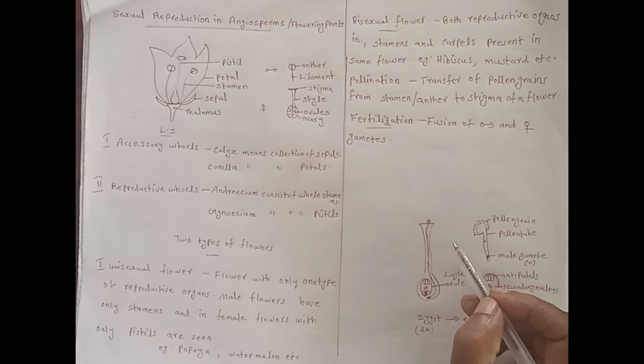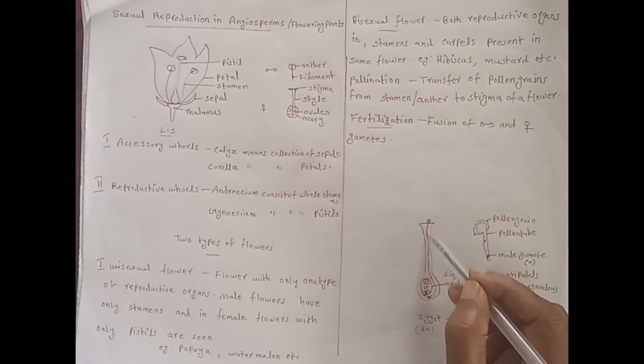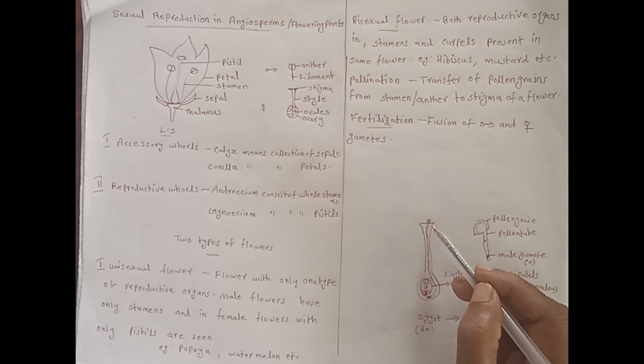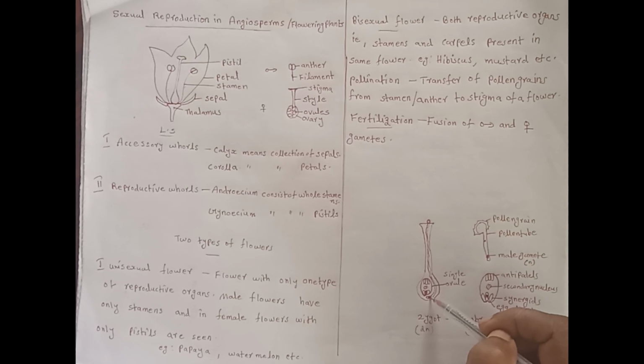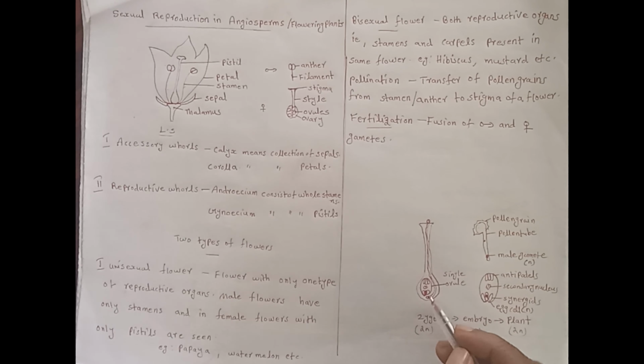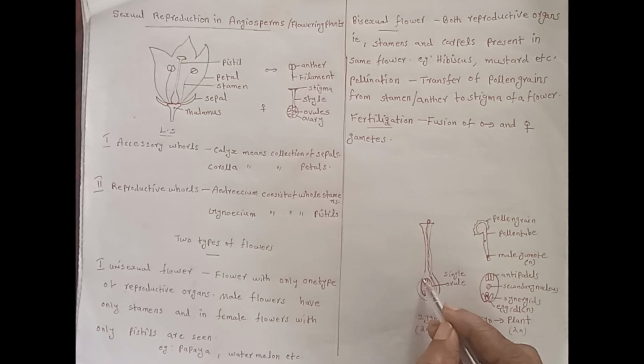If we consider the structure of the female reproductive part, that is carpel, it has three distinctive parts: stigma, style and ovary. Ovary with ovules. Here we consider a single ovule in the ovary. Example, mango. A mango flower has only a single ovule inside the ovary.